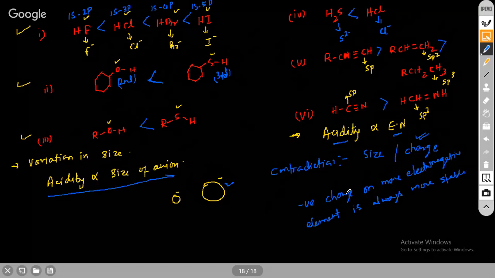Reverse of this is also true. Positive charge on more electropositive element is always more stable. Yeah, chlorine is more electronegative than sulfur. That's why. Okay. So negative charge on more electronegative and positive charge on more electropositive elements are always more stable. These two things you should keep in mind. Is it clear now?